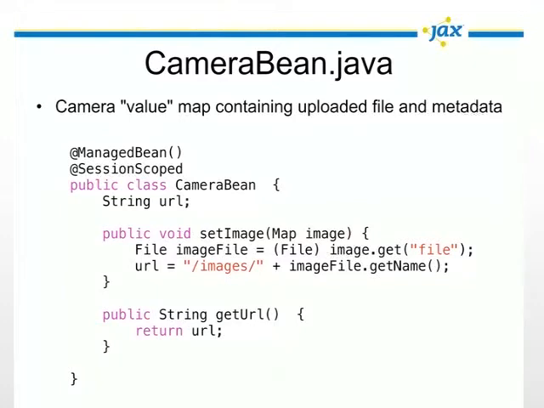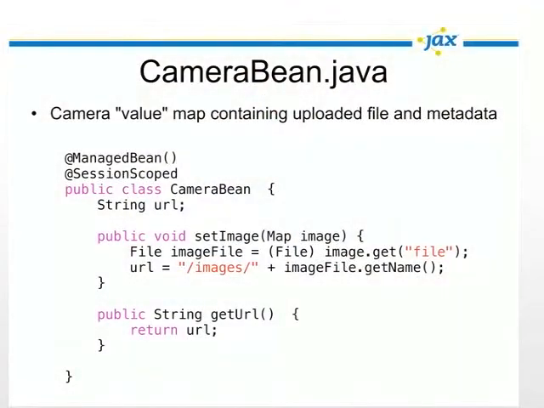In our bean, here's something we're doing a little bit different with the camera upload as a file upload. One of the problems when you implement a file upload in JSF is you may require custom types, and you don't necessarily want to have custom types in your bean. So what we've done here is passed in the image as a map, because the image file isn't just going to be an image. It's going to be an image with some metadata.